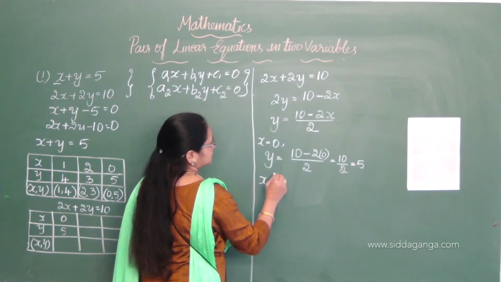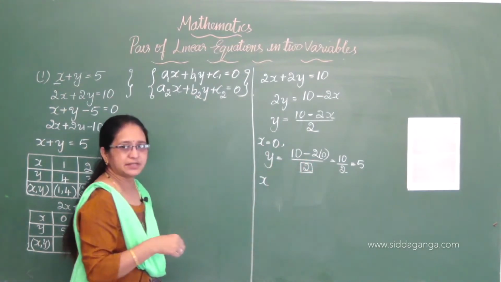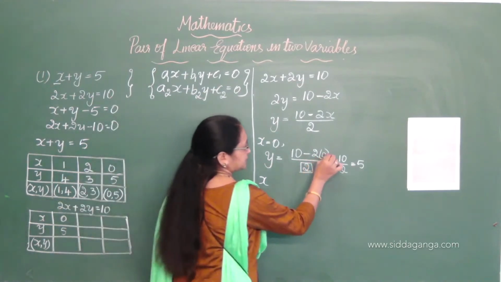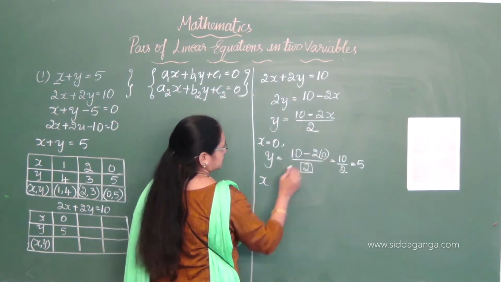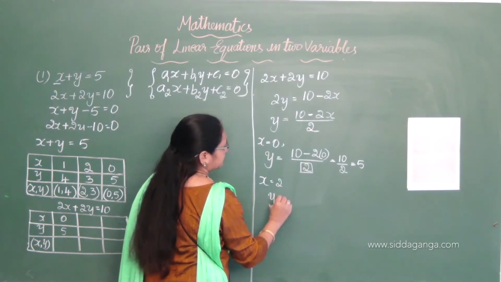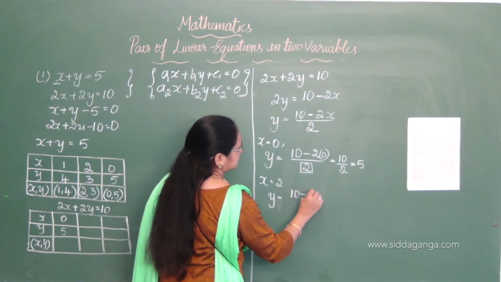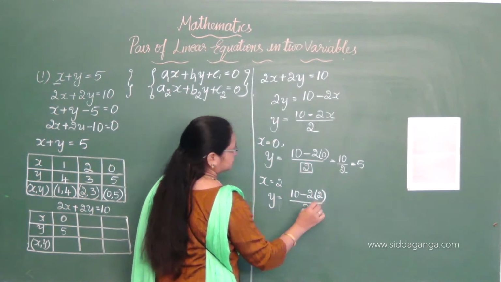Next you take, see, I told you in the previous class, just try to get the multiples of 2. Whenever you take the value, try to take the multiples of 2. Now, here if you take x is equal to 2, then y will be equal to 10 minus 2 into 2, by 2.